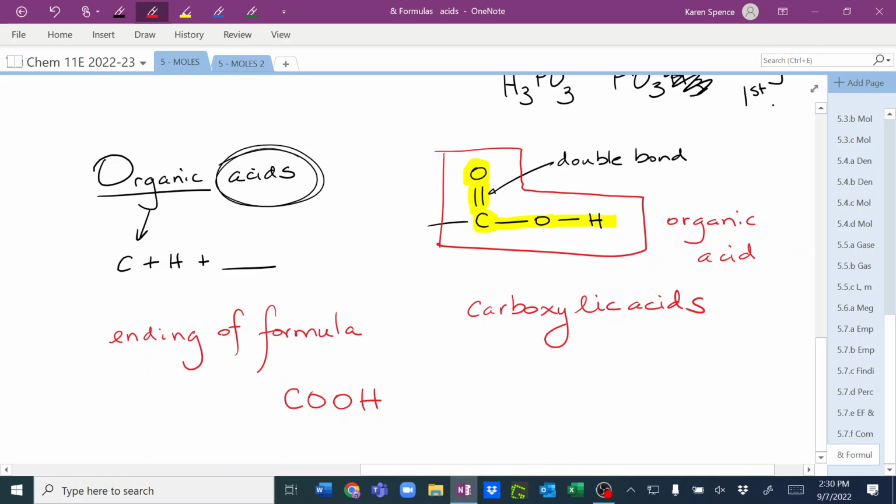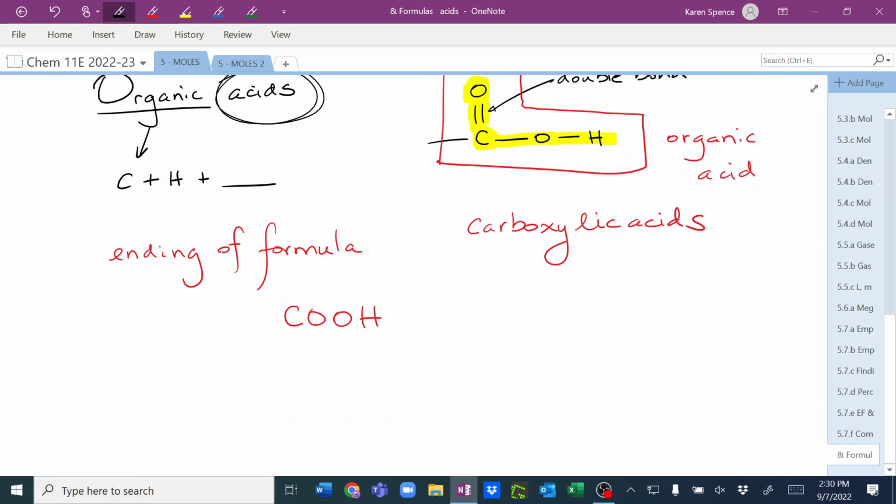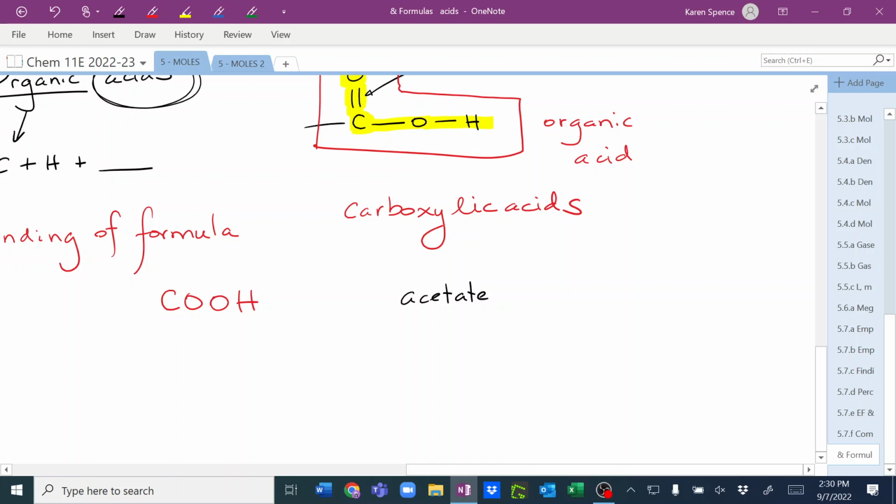Yes, because when we have acetate, so here's acetate, it would be CH3. We have our three H's, and then C with a double bond O, and then an O, and there's the negative charge. Okay, it goes on that single bonded oxygen.